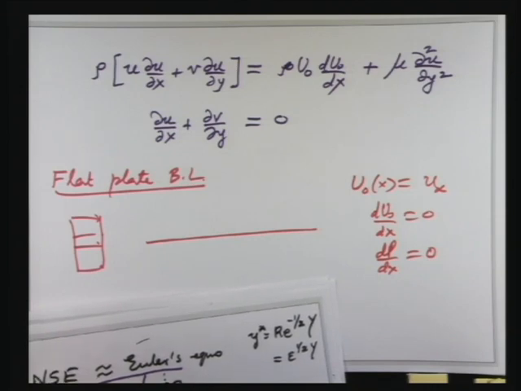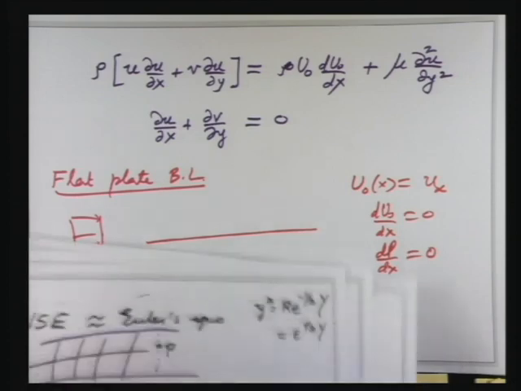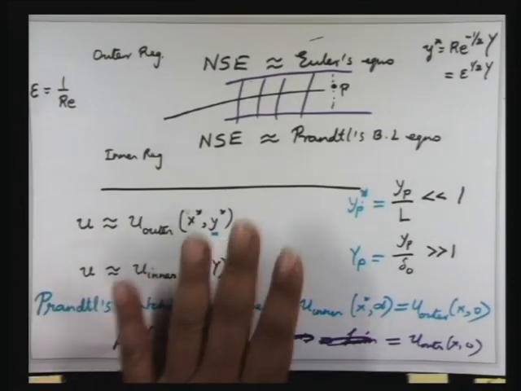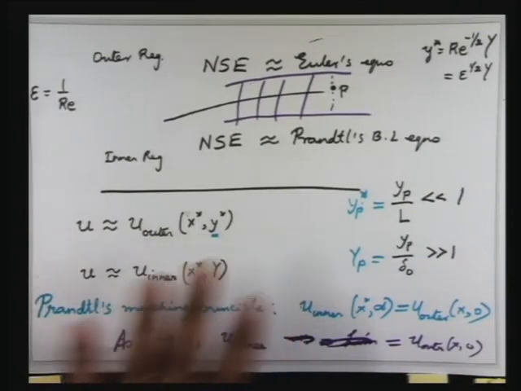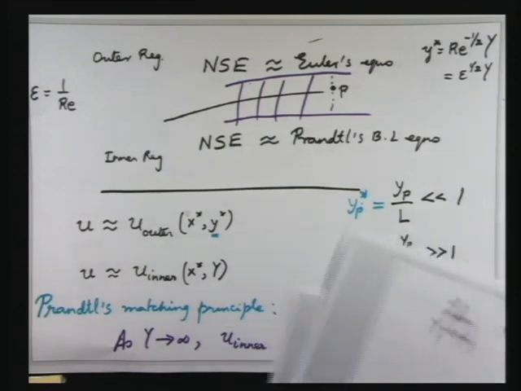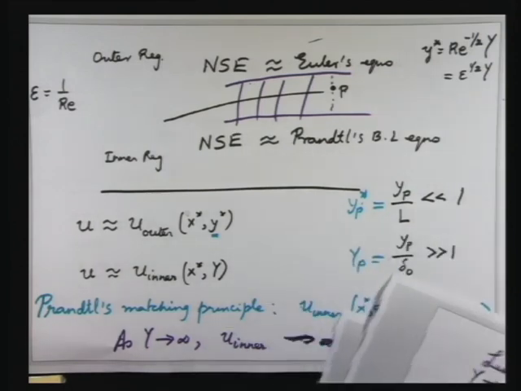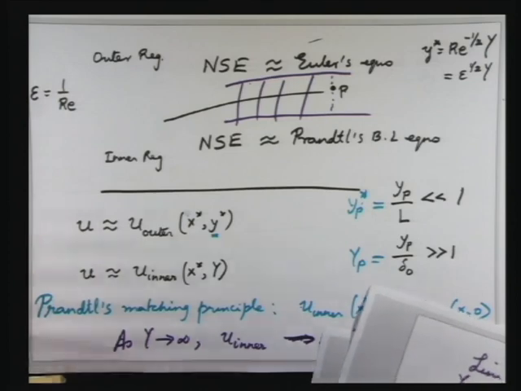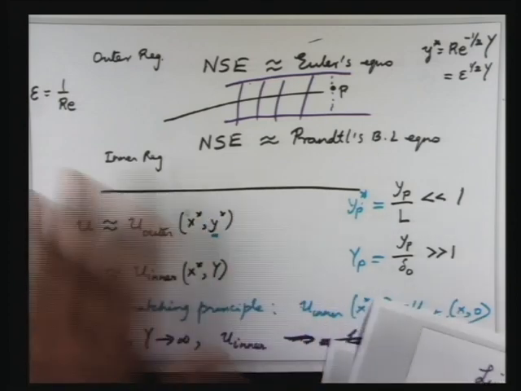But to understand why there is an adverse pressure gradient, it is very important for you to understand this matching principle. If you don't understand the matching principle, then you cannot explain why there is an adverse pressure gradient under certain conditions, why there is a favorable pressure gradient under certain conditions, and why the pressure gradient is 0 for this condition. So I think I will stop here.